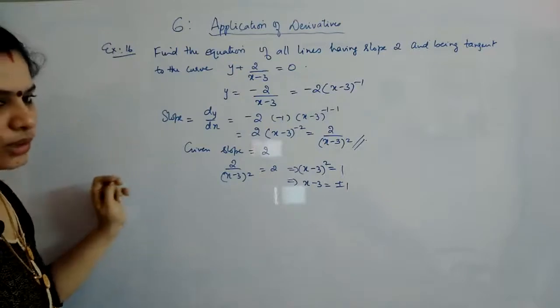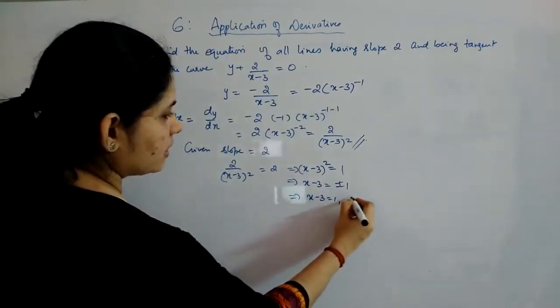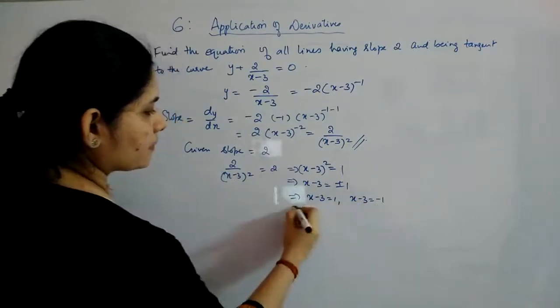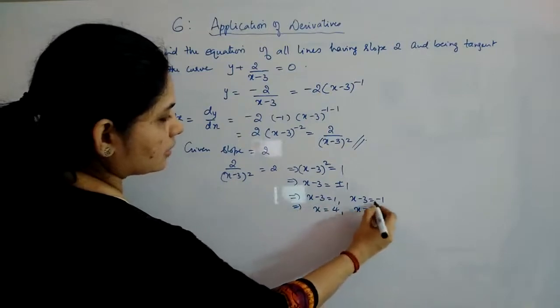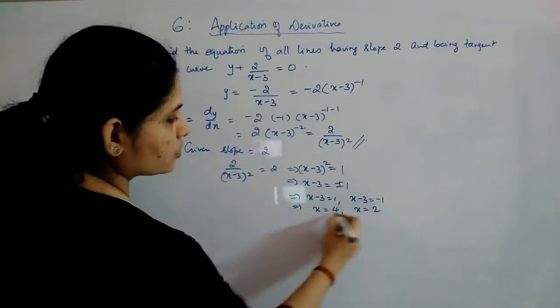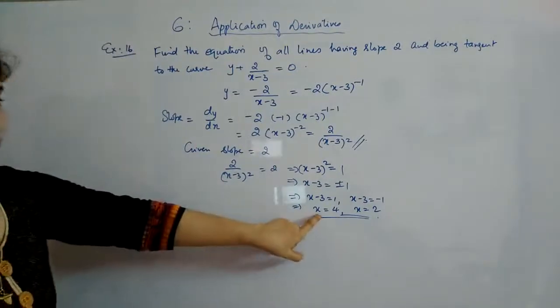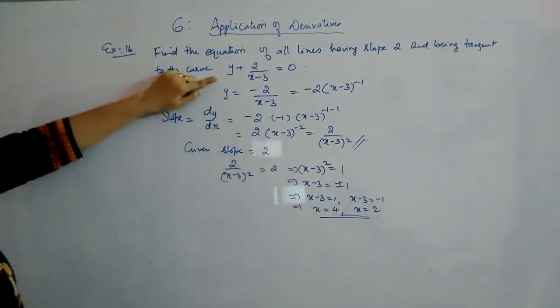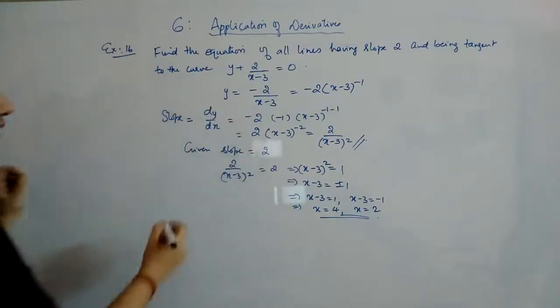That means you will get 2 equations. Here you will get either x minus 3 is 1 or x minus 3 is minus 1. So here you will get 1 plus 3 is 4, and here minus 1 plus 3 will give you 2. So x is equal to 4 and x is equal to 2 are the 2 values of x. Now you have to substitute in your y in order to get the y value correspondingly.